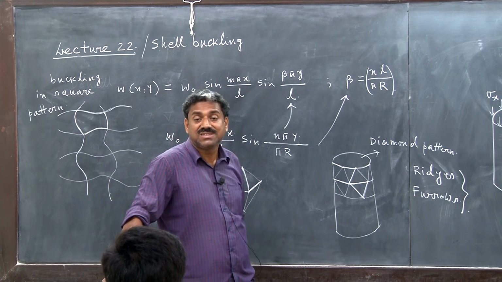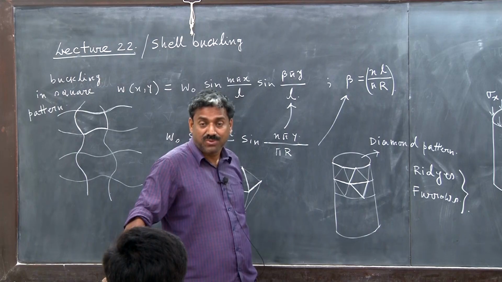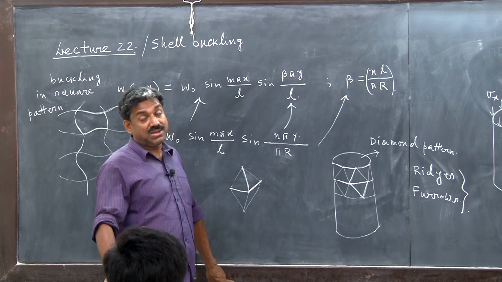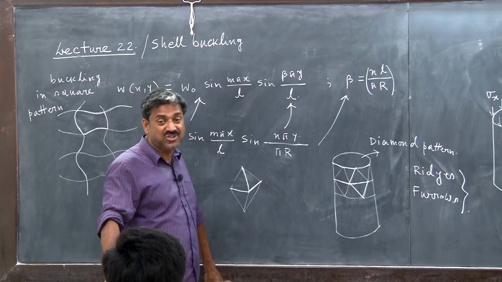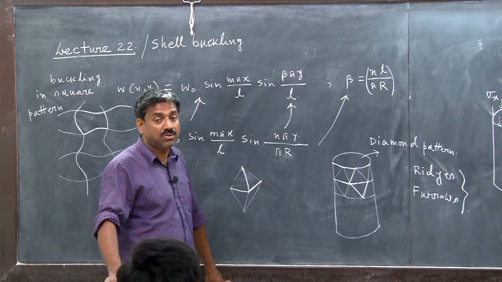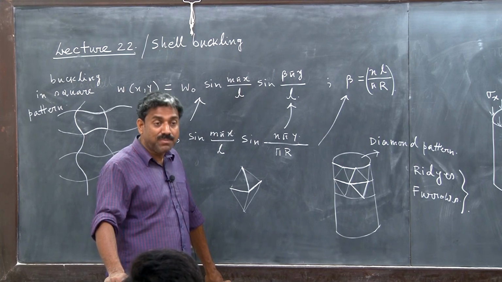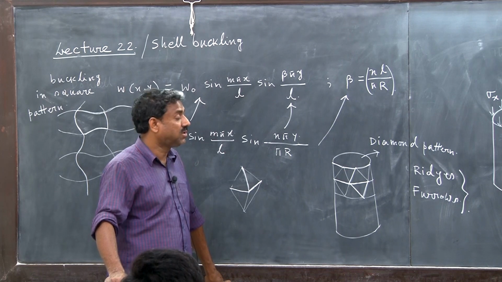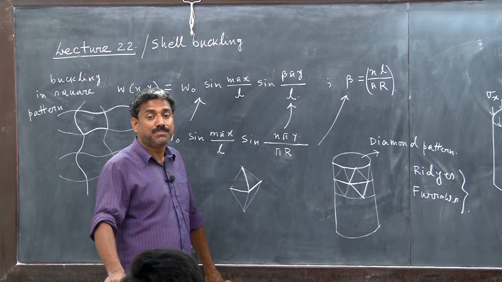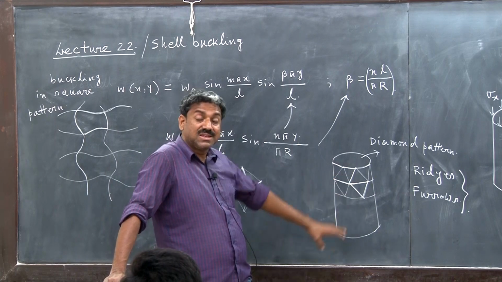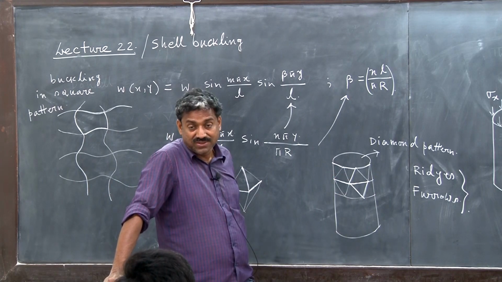And when there is inextensible mapping, essentially, maybe initially there may be little membrane stretch, but at a later stage there is no contribution of strain energy by membrane stretching. The entire contribution of strain energy is consumed by bending. So it is pure bending, corroborated by the inextensible mapping of the surface.